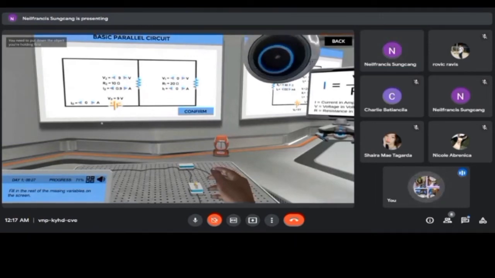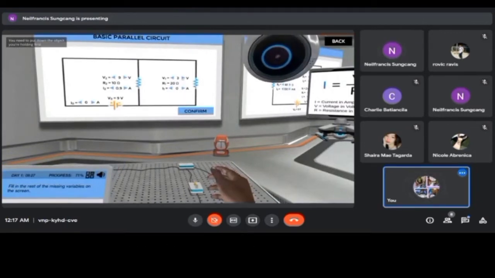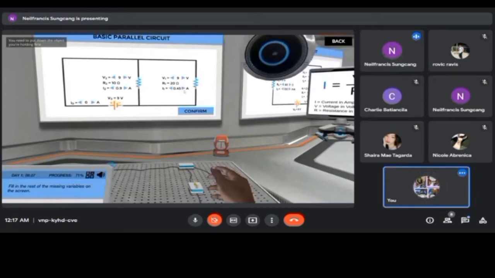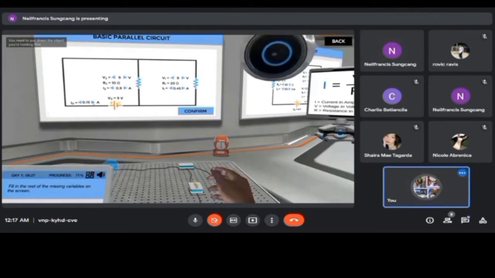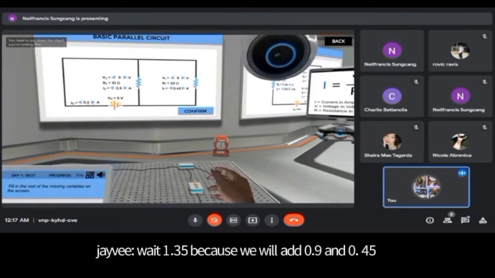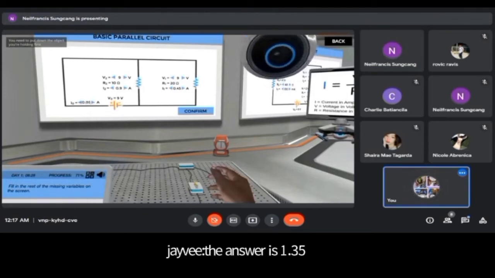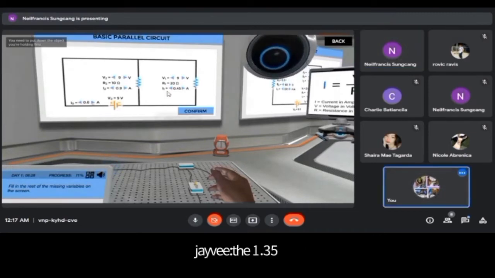Tapos V1, 9 din, kasi given 9 volts eh. Tas divide din to, no? 0.45. Tapos yung sa 9? Ay, 1.35, kasi pag a-addin, 0.9 plus 0.45. Sagot 1.35.